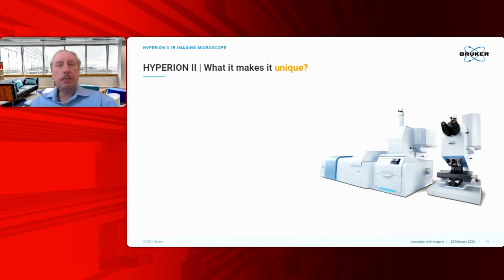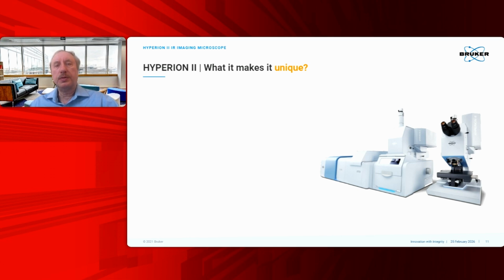And Bruker takes us another step further. It combines quantum cascade lasers with an FTIR spectrometer, and that's the product named the Hyperion II microscope. It's basically a combination of a standard FTIR spectrometer with a QCL-based microscope. You can do measurements in both worlds.